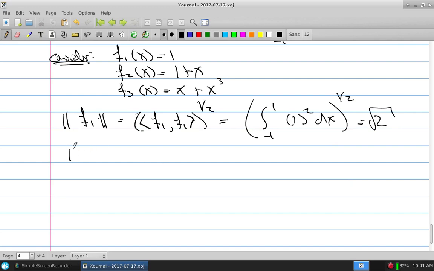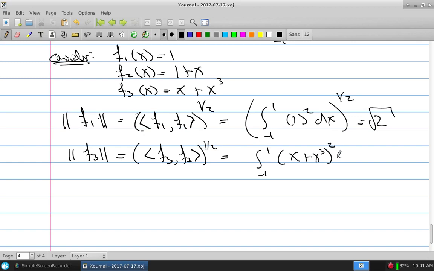I was doing the even odd too soon. Sorry. What's the magnitude of f3? Which is why I picked f3 for what it is. It's the inner product of f3 with itself to the 1/2 power, which is equal to the integral from -1 to 1. It's still going to be positive, right? So we get the integral of (x plus x cubed) squared dx to the 1/2 power.